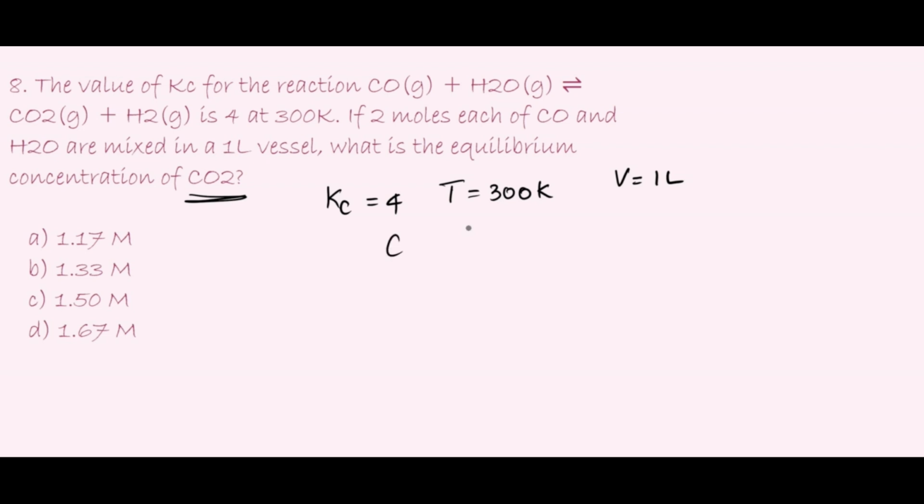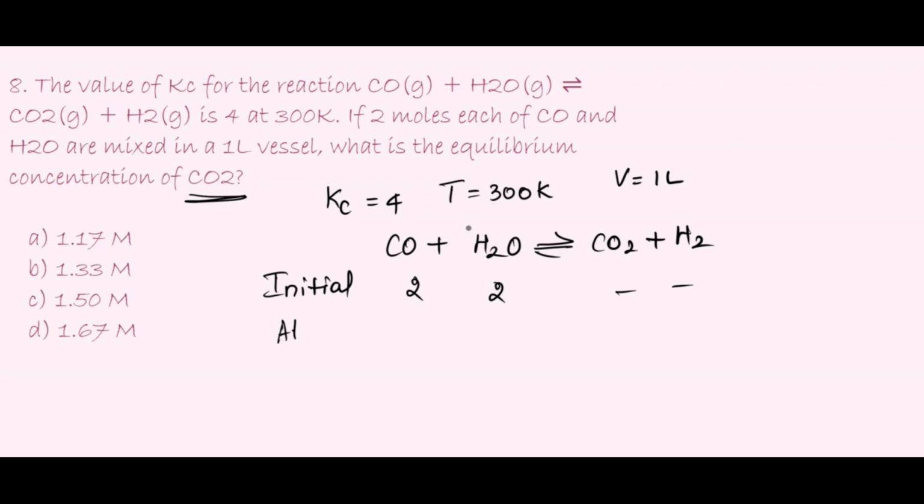Let's do it. CO plus H2O gives CO2 plus H2. Initially 2 moles of CO, 2 moles of H2O, and initially 0, 0 for the products. At equilibrium, I am taking 2 minus x, which will give you x and x. So let's apply that in the formula. The formula you very well know.